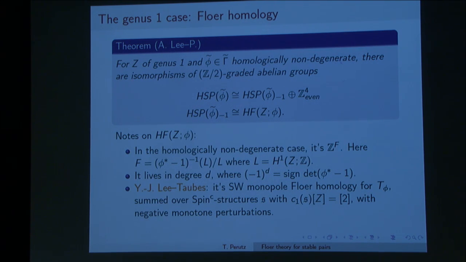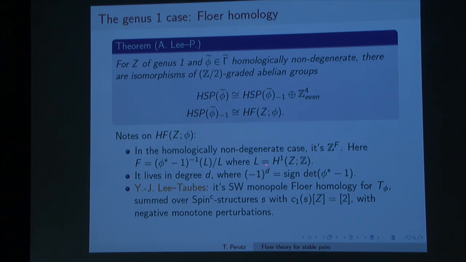Okay, so a couple of notes on this. This fixed point Floer homology of the action of phi on Z is easy to calculate. It's free abelian on F, where F is the following thing.